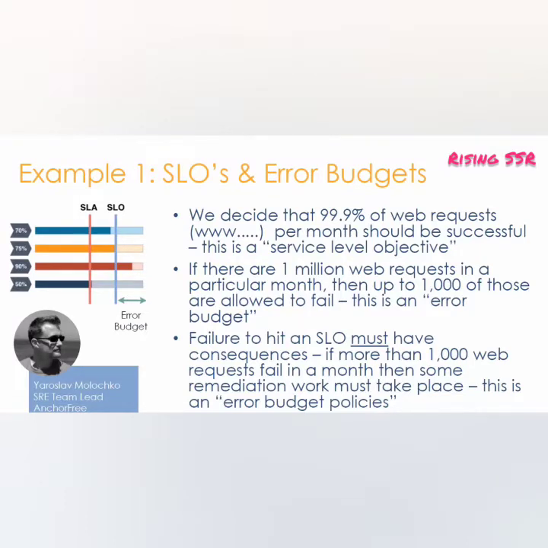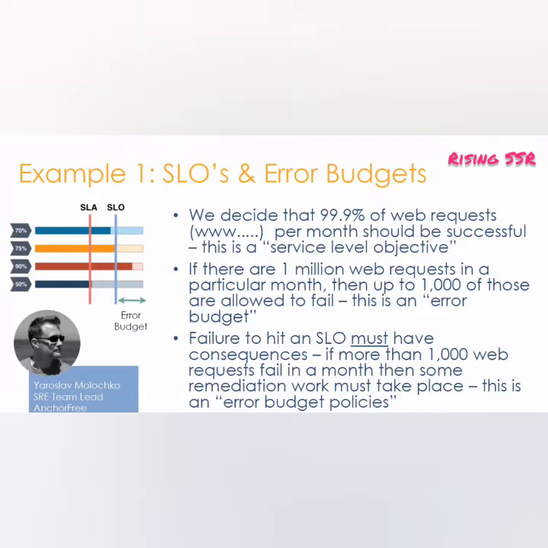So whenever you define a service level objective, there is always an error budget associated with it. And that error budget is nothing but the leeway that you are granting, that if the system is within that leeway, I don't need to worry about it.